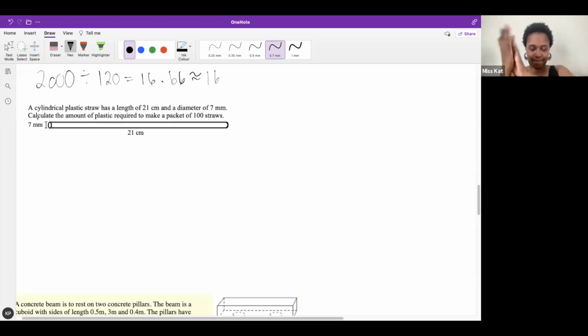You only have the height side. So you multiply the height. First you have to convert the 21 centimeters into millimeters, and that gives you 210 millimeters. Then you multiply by your diameter, which is 7, and when you get your answer, you multiply it by 100.